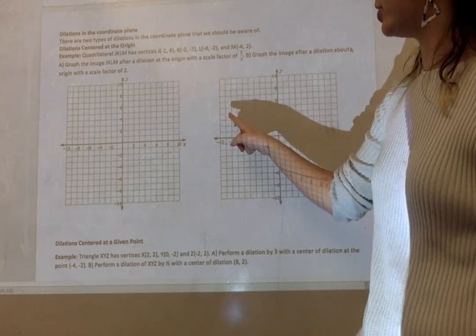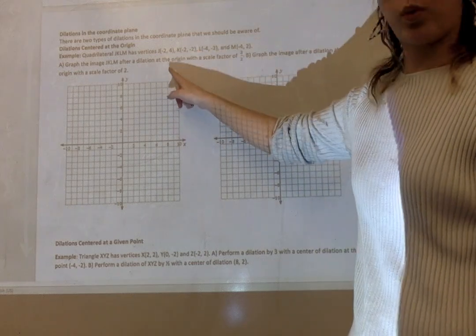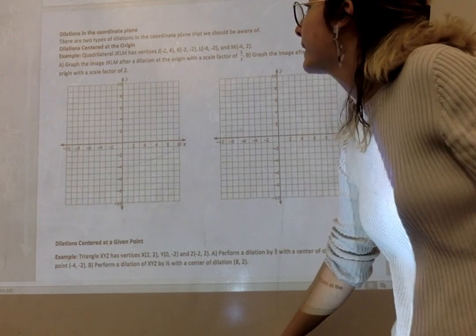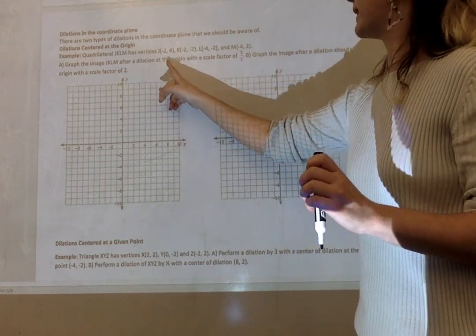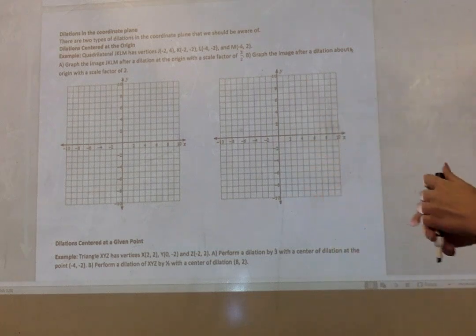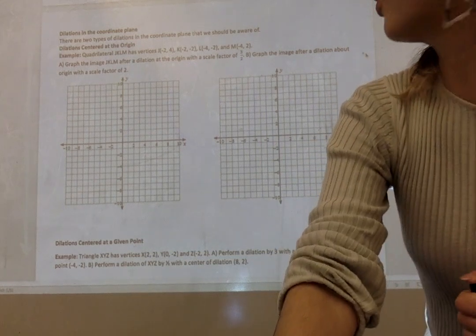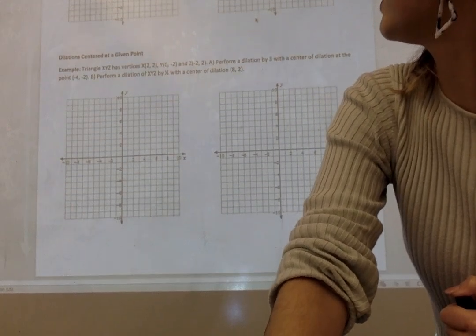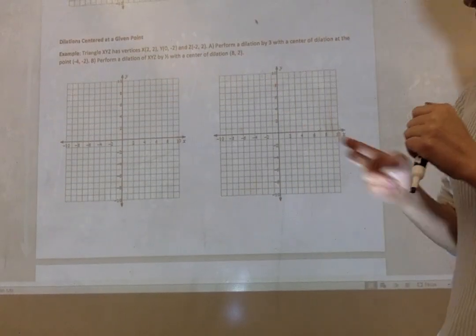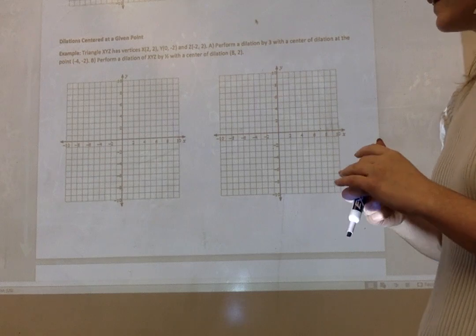So a dilation, we want to draw quadrilateral, that means 4 sides, JKLM with vertices -2. Wait, no, I'm sorry. I don't want to look at that one. I want to look at the next one. Here it is. Triangle XYZ has vertices X at 2, 2.